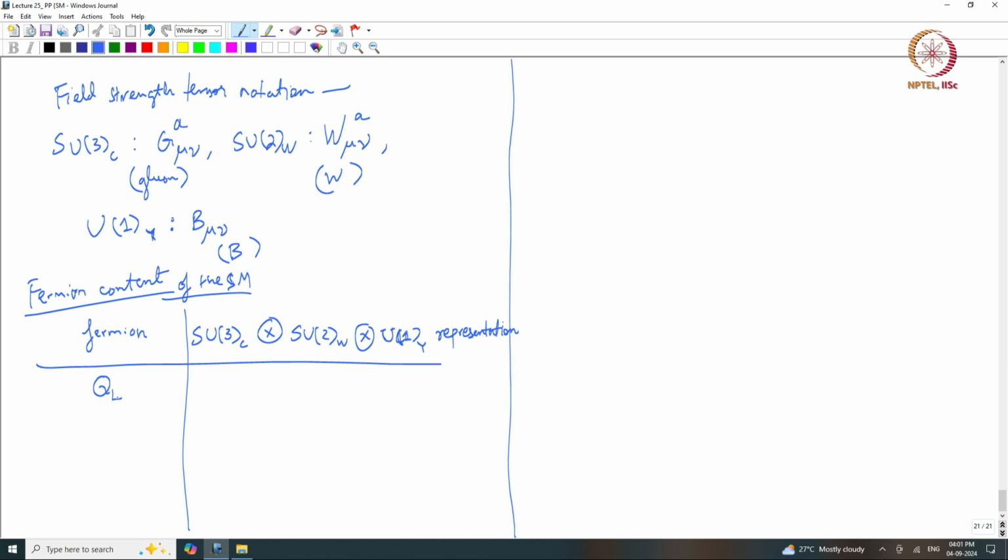It is a capital Q. You can call this a quark, but better to just call it the Q field. And why is there an L? We'll see in a second. The notation I'm going to use is, it is in the fundamental representation of the SU(3), which I'm going to denote with a 3, comma, it's also in the fundamental representation of SU(2).